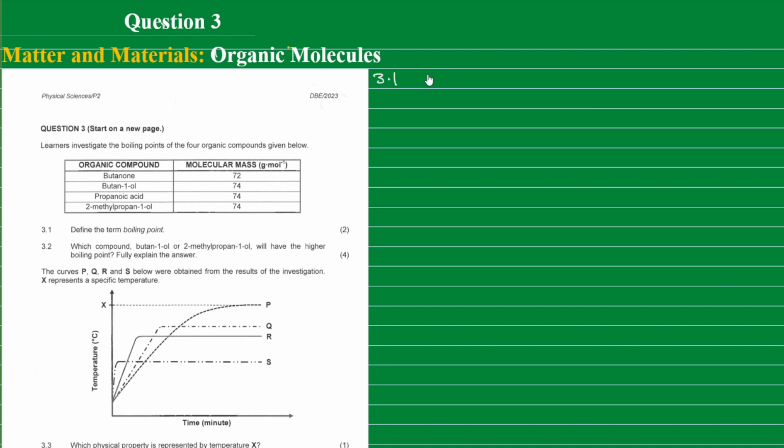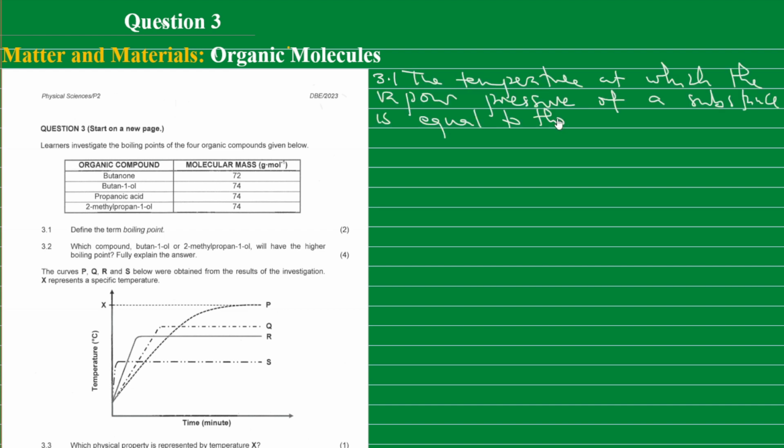Boiling point, this is the temperature at which the vapor pressure of a substance is equal to the atmospheric pressure. That's the definition for boiling point.